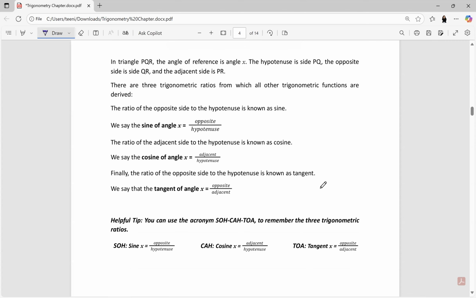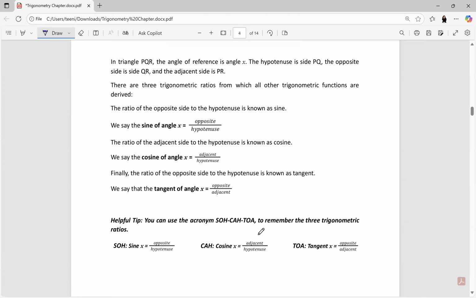Now, there's an acronym that we use in math to memorize the three trigonometric ratios, and it's literally called SOHCAHTOA. SOH stands for sine, which is opposite over hypotenuse. CAH is the cosine of an angle, so you have adjacent over hypotenuse.